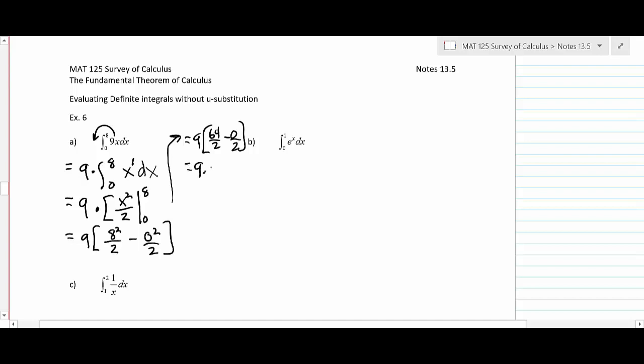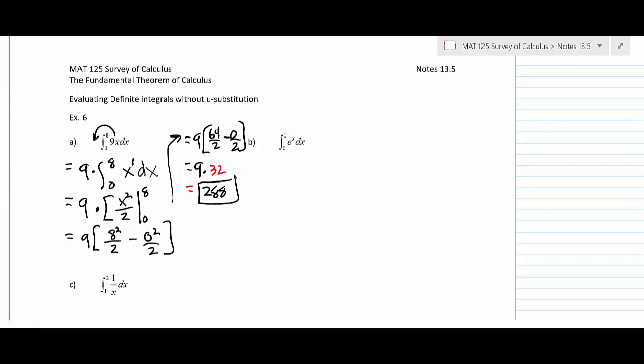So that's just 9 times, and let's see, 64 over 2 is 32. Okay, so it looks like what you would get is 9 times 32, and that would give the answer. Now, any of these kind of problems, you can check on your calculator. Just make sure you're right, okay? But that's the methodology that you want to learn how to do on a definite integral.